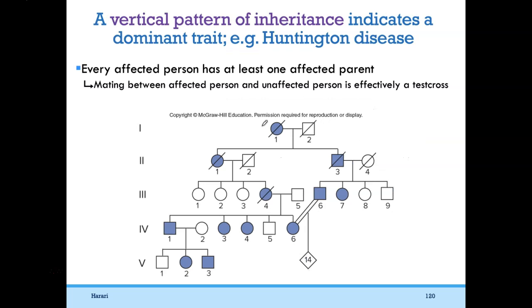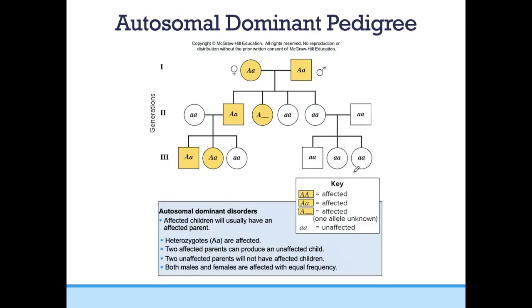So this is, again, an example of Huntington's disease, showing a vertical pattern of inheritance, which shows the dominant inheritance. Every affected person has at least one affected parent. That's how you know a dominant pedigree. So here, this is from the book, this is showing 2 heterozygotes are both affected by the disorder, but it's possible for them to have an unaffected child as well.